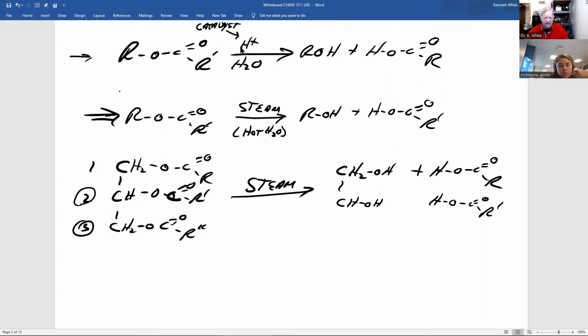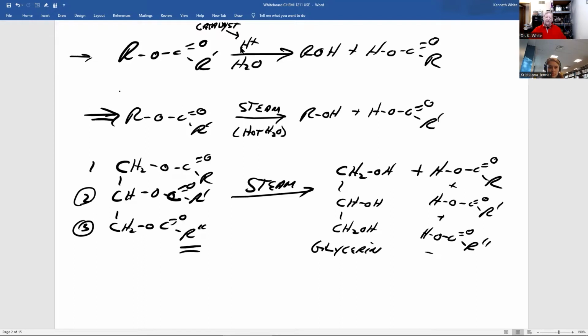And the third ester, I'll get this alcohol plus this carboxylic acid. And you get glycerin and the three carboxylic acids, or excuse me, fatty acids.